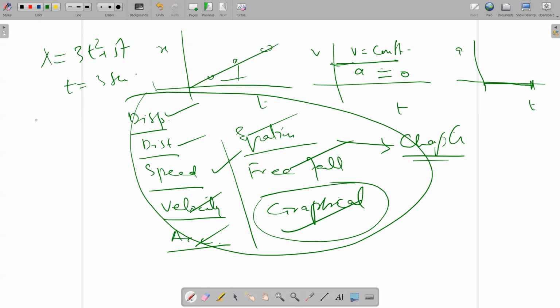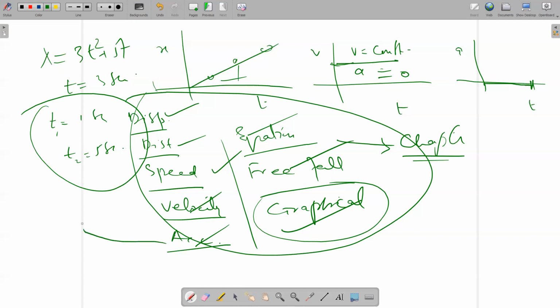If he is saying to find the velocity at t1 equal to 1 second and t2 equal to 5 seconds, it means you want to find the average velocity. First you will find x2 and then x1, and then divide by t2 minus t1. This is one concept, and the second concept is the same in the acceleration case.